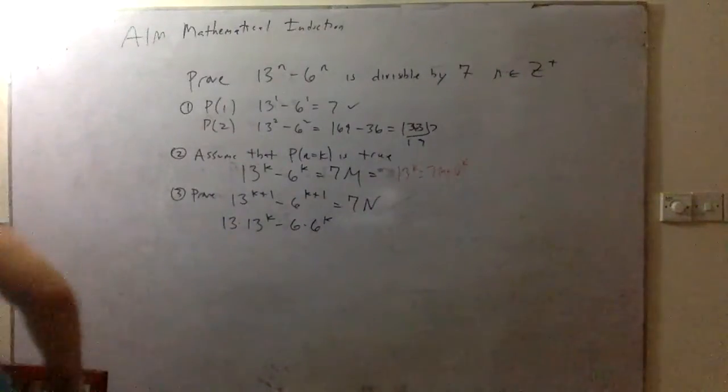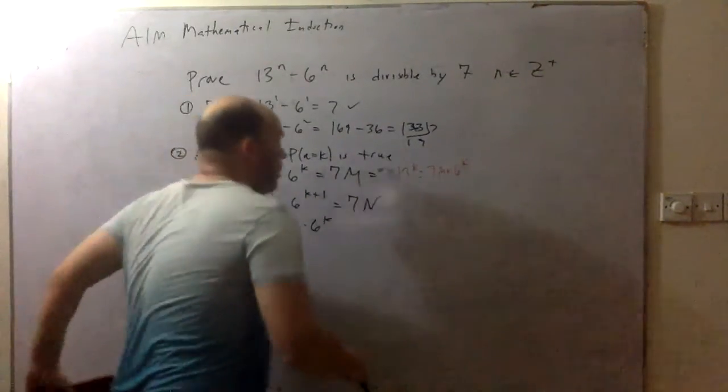The easier trick is take this statement and say, you know what? 13^k is equal to 7m plus 6^k. So we can substitute that in there because we assumed it was true. So we're allowed to use it. Let's see what it does for us.